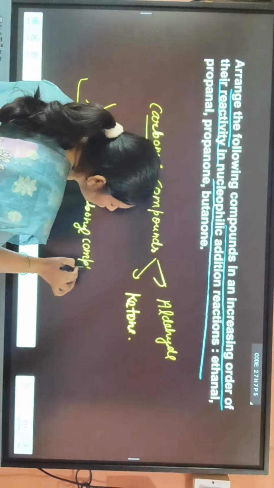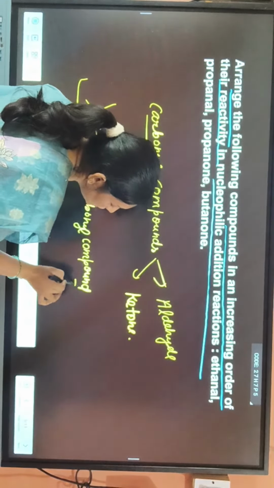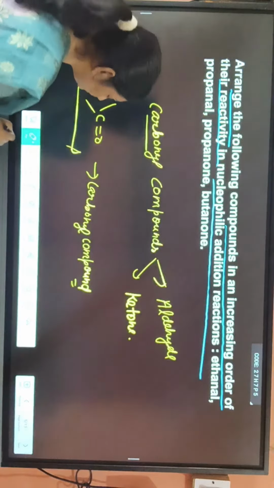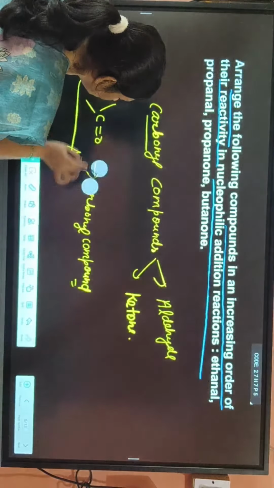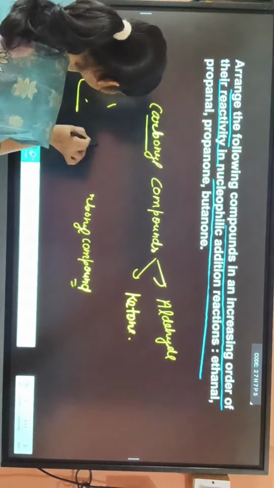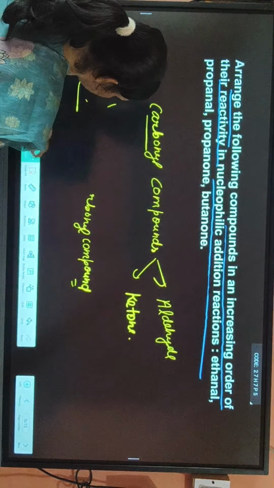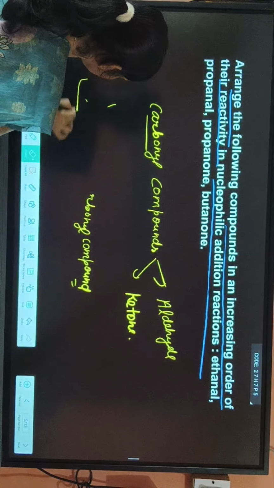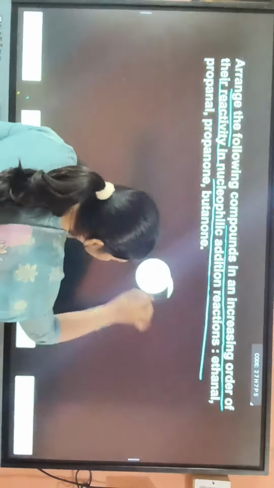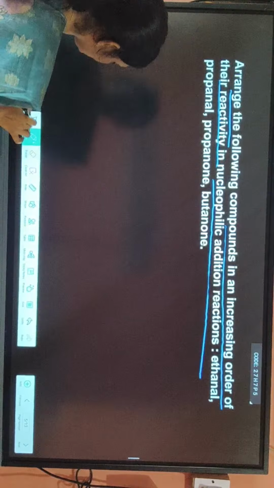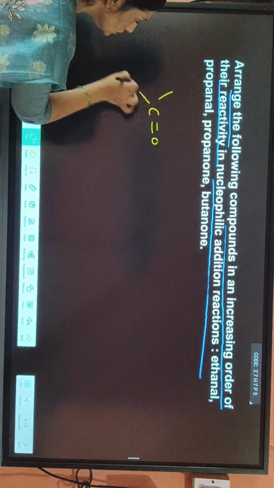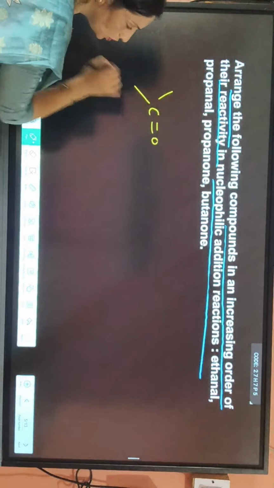And carbonyl compounds, students, show nucleophilic addition reactions. Why do they show? Because this carbon and oxygen bond is polar.